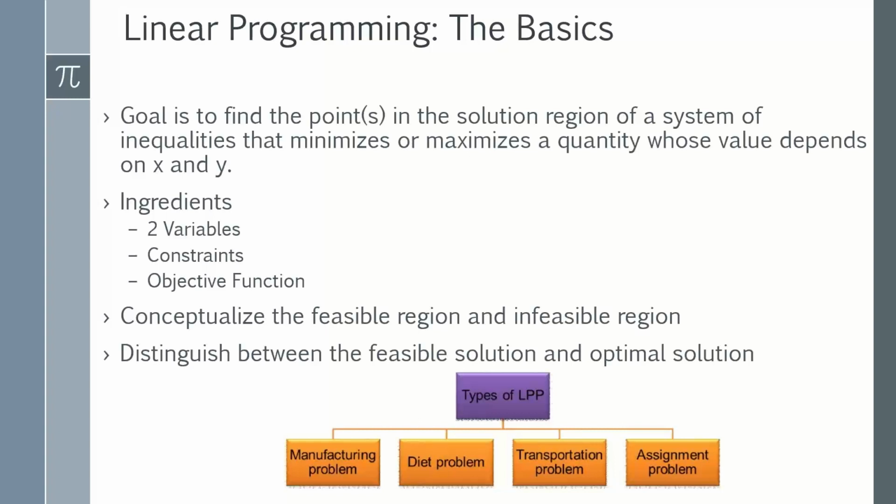Not everyone can afford costly foods, right? So in diet also you can use linear programming, where you identify the minimum amount of available nutrients and how to minimize the cost of the diet plan, and so on. So the diet problem also can be solved using the linear programming method.